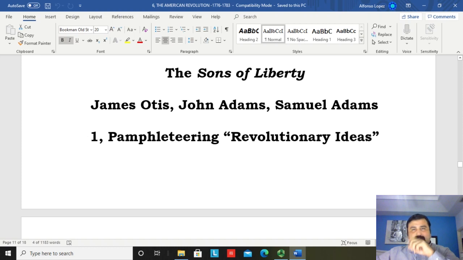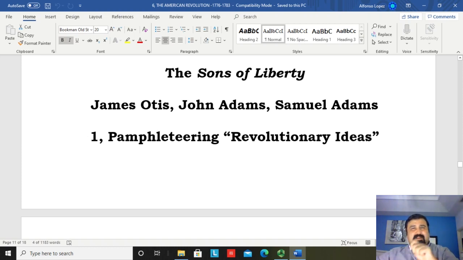So what the Sons of Liberty are going to be doing in Massachusetts, as actions of resistance, is, for example, engage in pamphleteering. Pamphleteering is simply the action of writing an essay in a pamphlet, a small booklet.